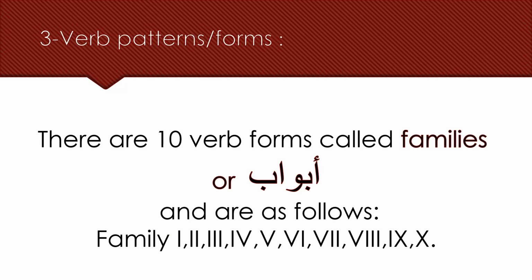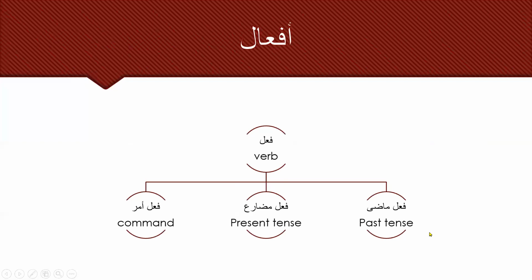Then we learned that there are a total of 10 verb families or abwab. Family one has six subfamilies, and inshallah, we will start with family two. We will learn family one after we are done with our other families, inshallah.